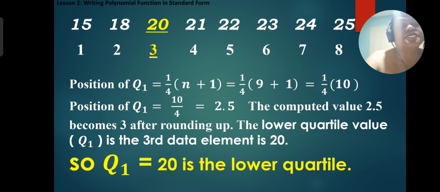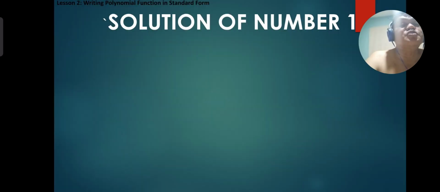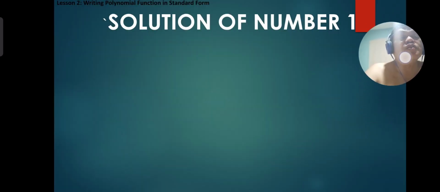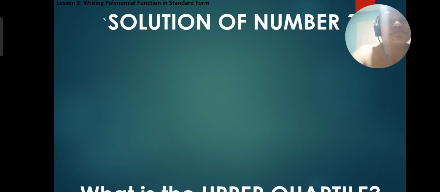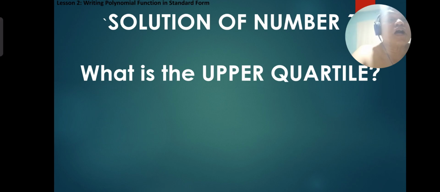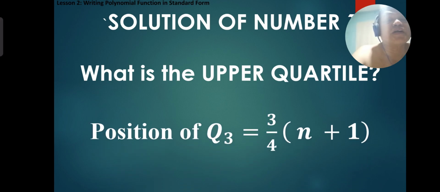Other questions? None. Let's go to the solution of number 2. What is the upper quartile? We are going to find first the position of quartile 3, which is equal to 3 over 4 times quantity n plus 1.